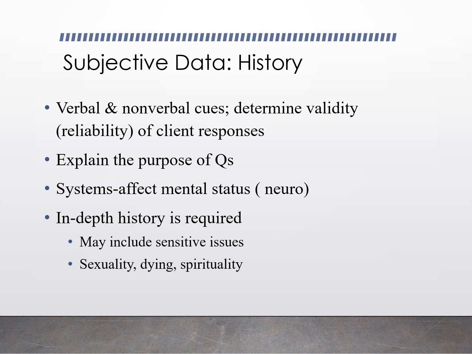You're going to observe their verbal and nonverbal cues, and that might tell you if the responses are reliable. If your patient is not making any eye contact, and their posture and whole body language is working against the situation, that can make it difficult to get true and honest answers.